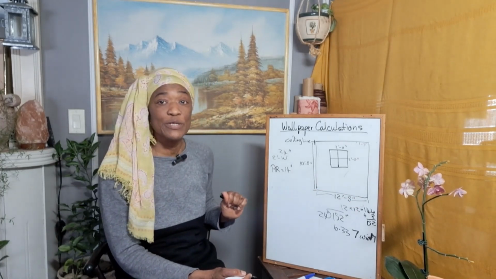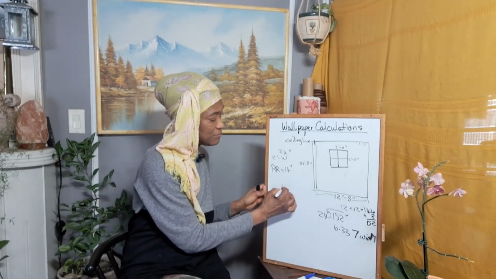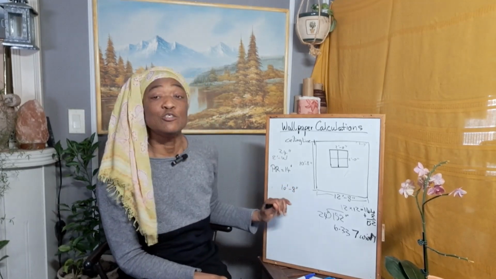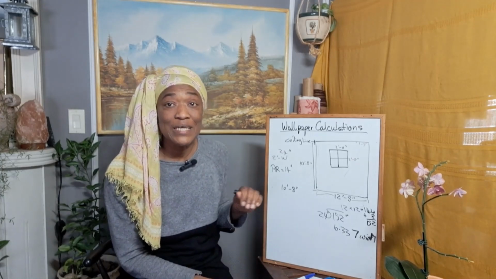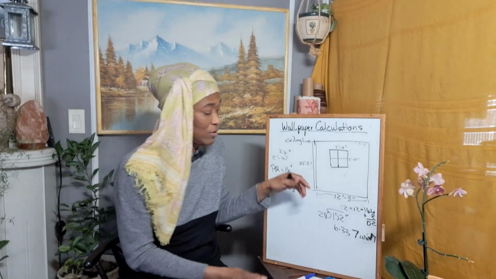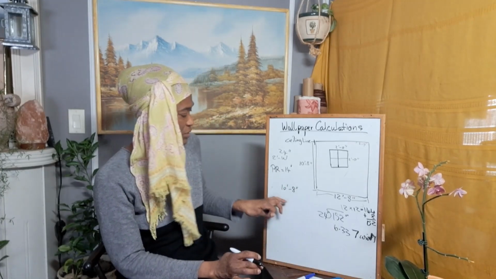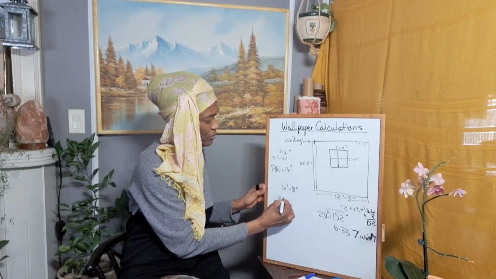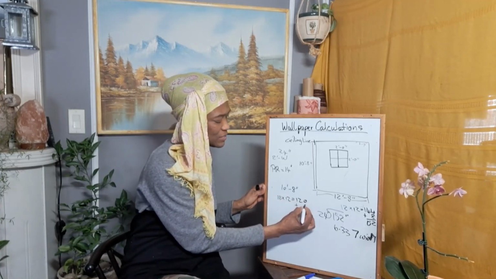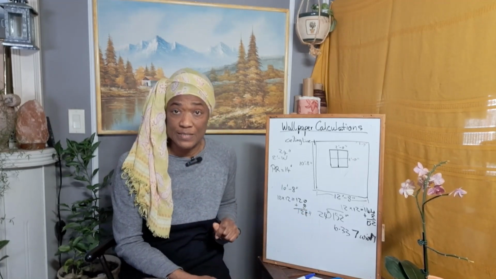Now, the next thing we will do is take our 10 feet 8 inches, and we have to convert it into inches right across the board. So let's go ahead and convert. 10 times 12 is 120 plus 8 is 128 inches.